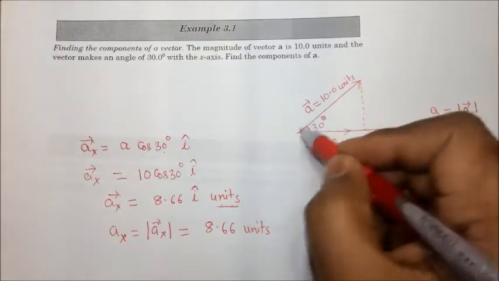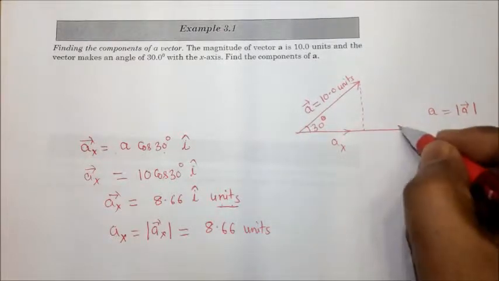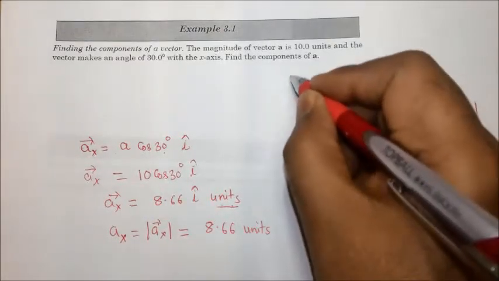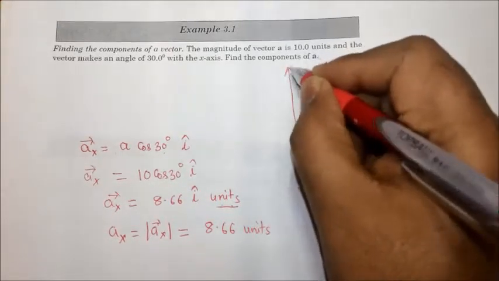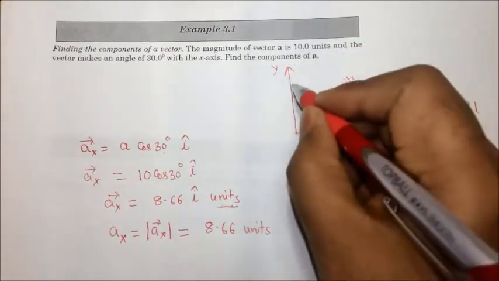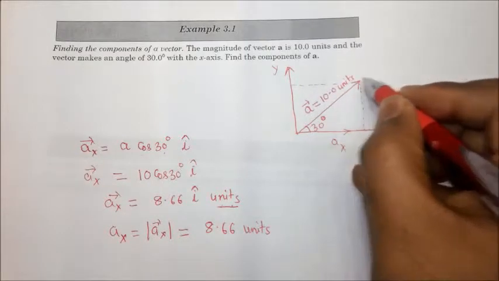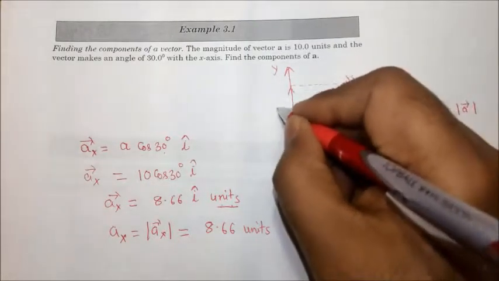The y component of vector A: this is your x-axis, the y-axis is going to be this way, and if you project along the y-axis, this vector is going to be Ay.